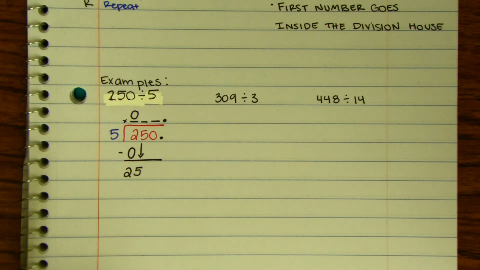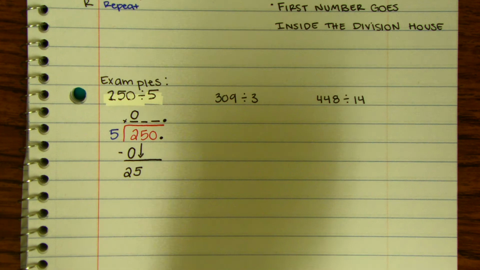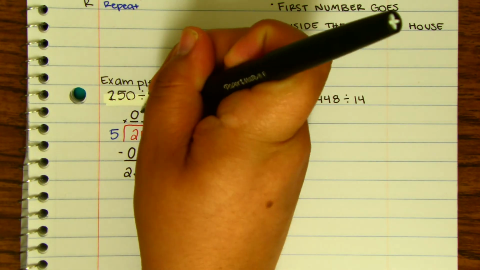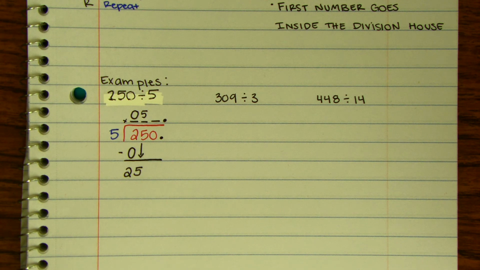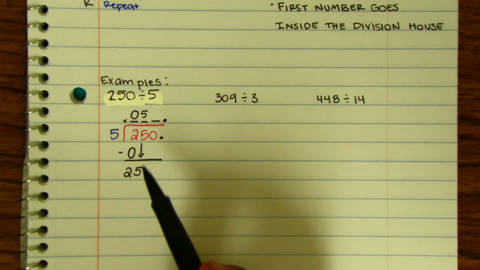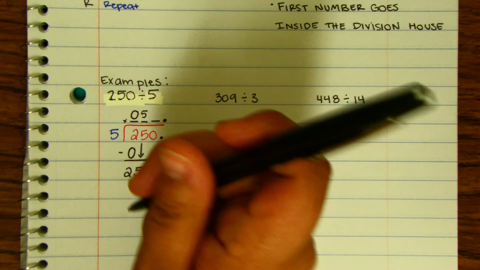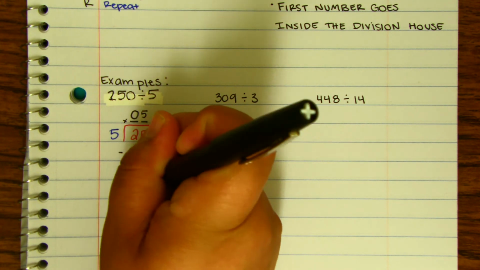I can skip count. I could say 5, 10, 15, 20, 25. Or if I know my times table, I know 5 times 5 gives me 25. So I'm going to write a 5 in the next line. So 5 times 5 gives me 25.